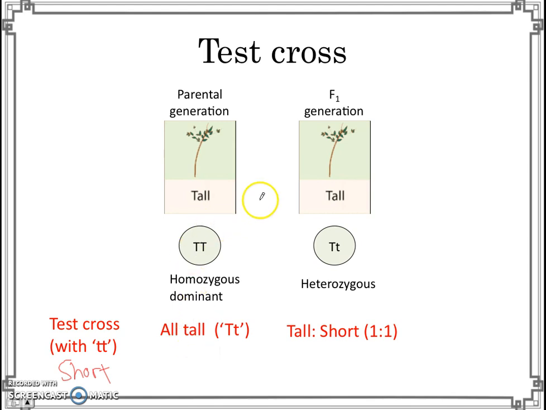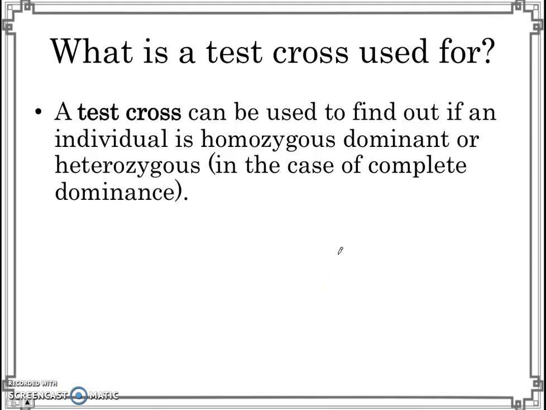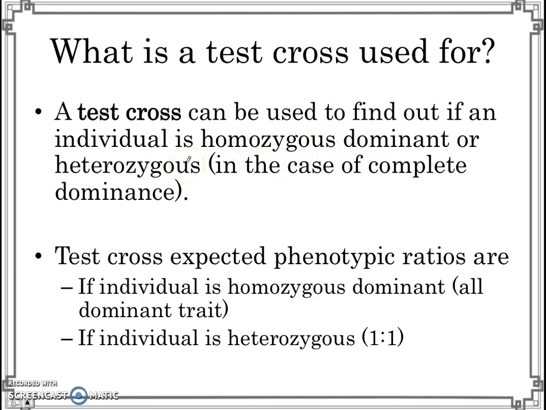So basically, if I have a tall plant, I cross it with a short plant. If all the offspring are tall, that means that the tall parent was homozygous dominant. But if some offspring are tall and some are short, then the tall parent must have been heterozygous. That's how a test cross comes in handy. Okay, so putting it into words now, a test cross can be used to find out whether an individual is homozygous dominant or heterozygous.